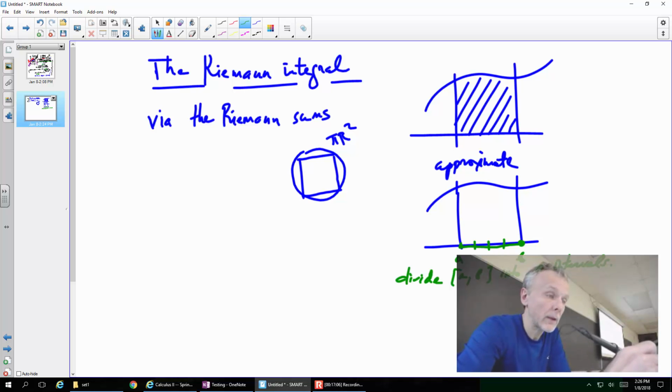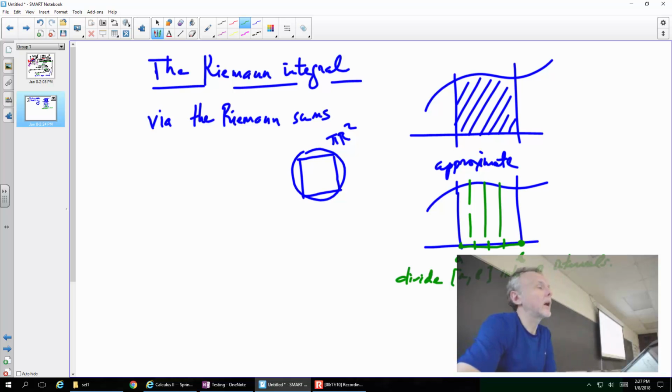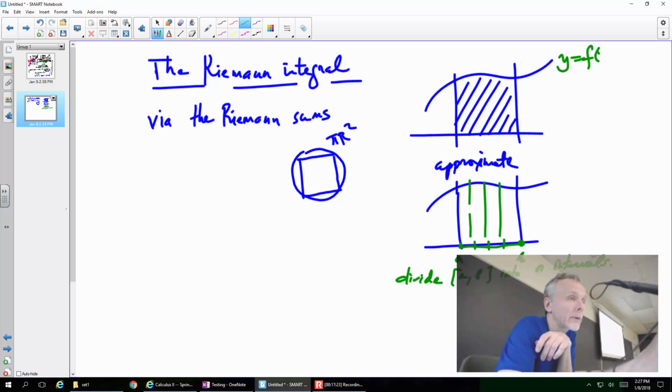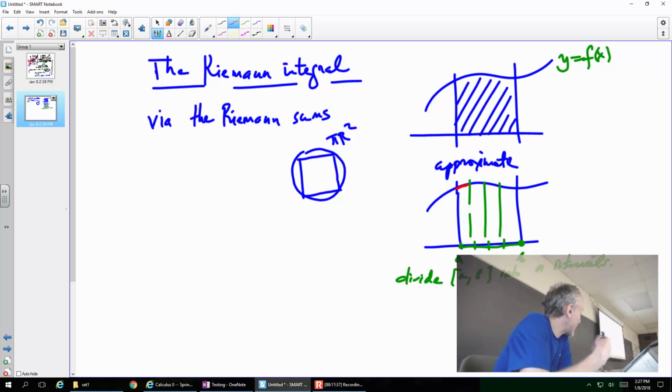Okay, so the idea is then to take this region and slice it into thin, hopefully, regions, the top of which is almost straight. Okay, so that curve, our original curve y equals f of x, certainly goes up and down, but if you narrow it down, you can see how this piece, for example, is almost horizontal. All of them do not have a lot of change. So that's the idea of approximation.